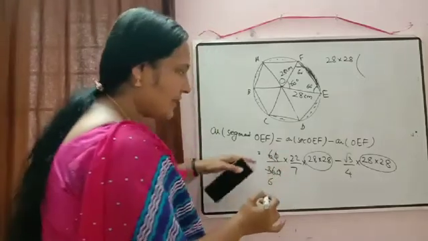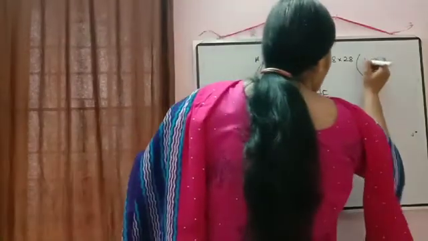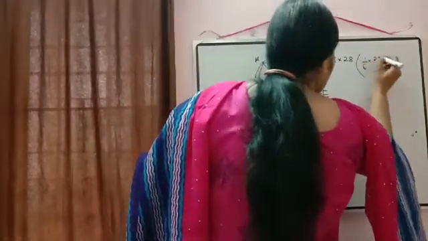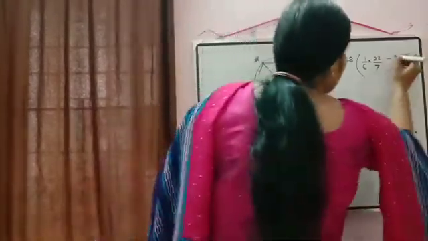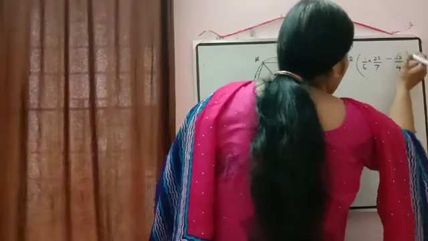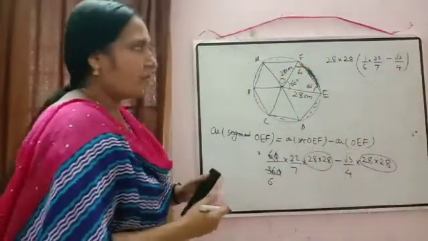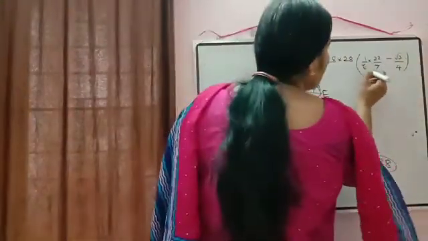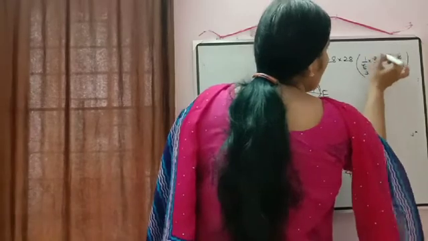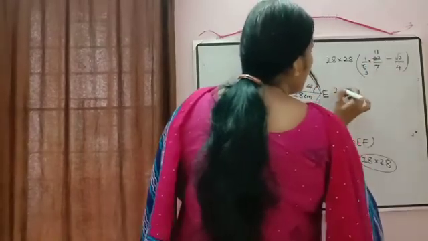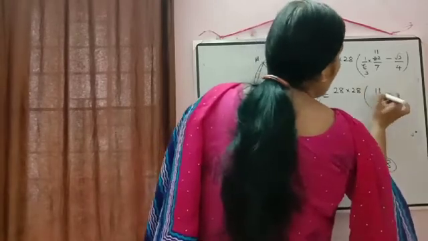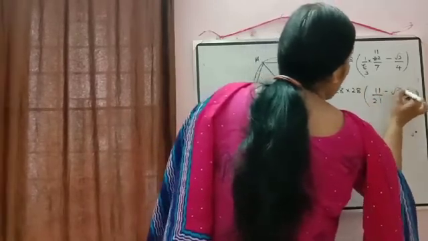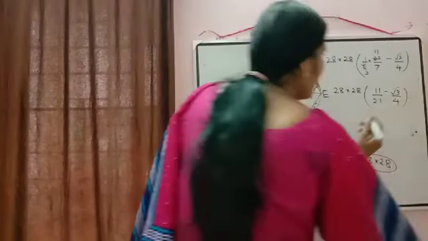Then we will get here 1 by 6 into 22 by 7 minus here remaining is root 3 by 4. Correct? Now here we can cancel it. It will come to 3, here it will be equal to 11. So we are getting here 28 into 28 into 11 by 21 minus root 3 by 4.